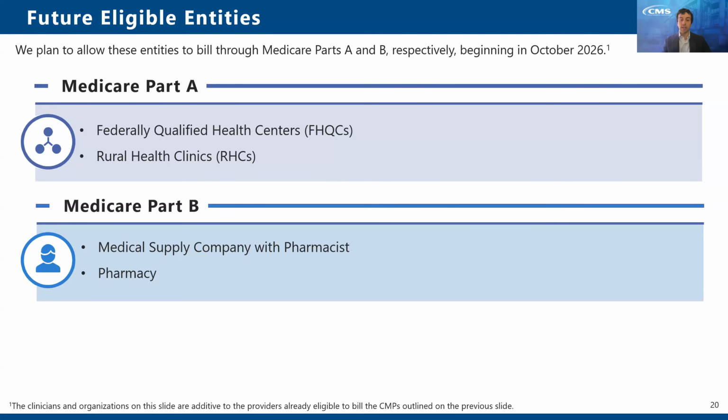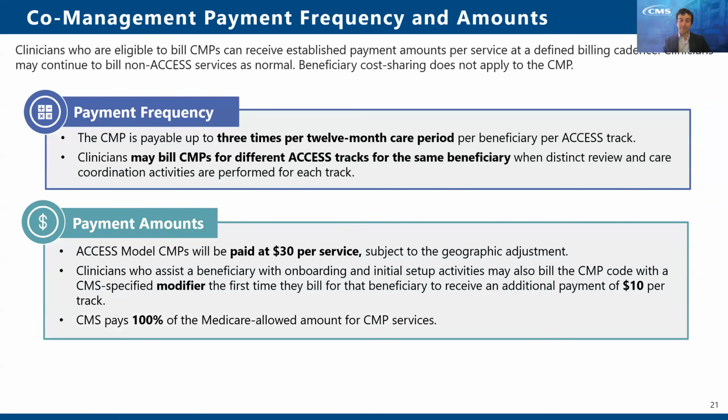These entities are in addition to the providers already eligible to bill the co-management payment beginning in July, as outlined on the previous slide. Clinicians who are eligible to bill CMPs can receive established payment amounts per service at a defined billing cadence. Clinicians may continue to bill non-Access services as normal, and importantly, beneficiary cost sharing does not apply to the CMP.